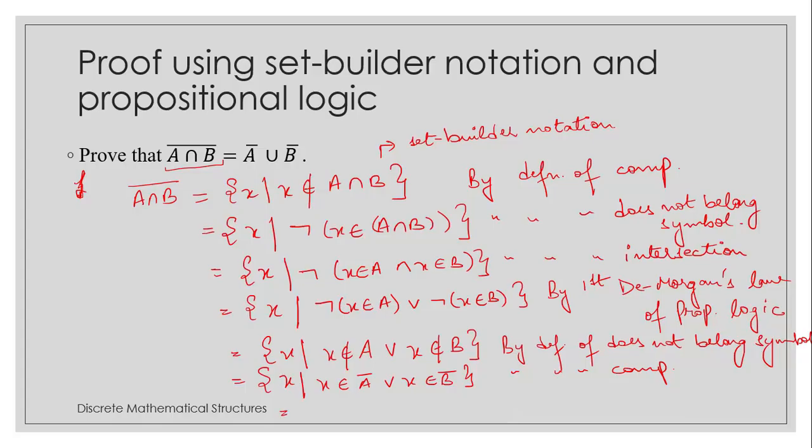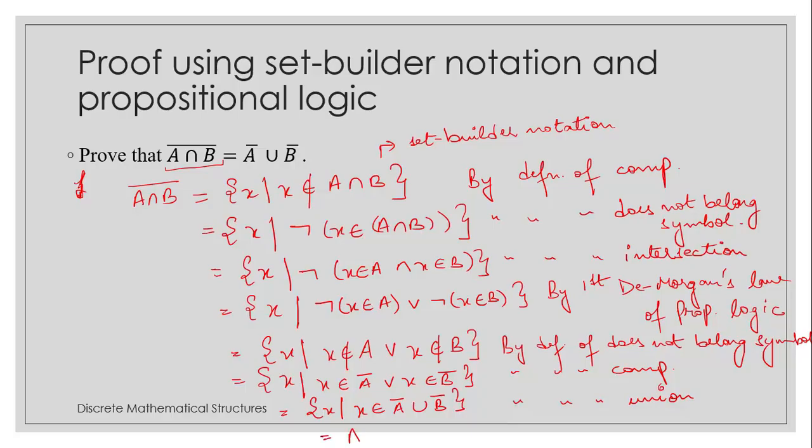Now this can be further written as x such that x belongs to A bar union B bar, by definition of union. Now see, again we have arrived at the set builder representation of a set.